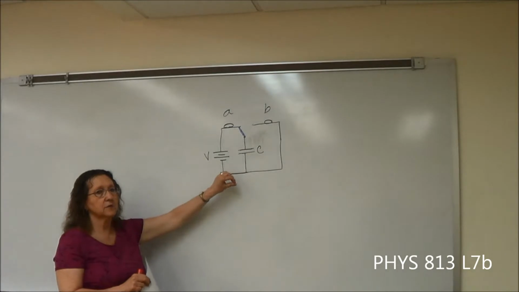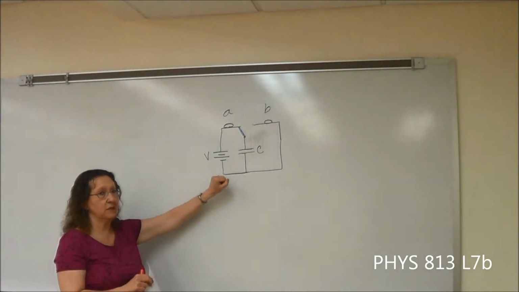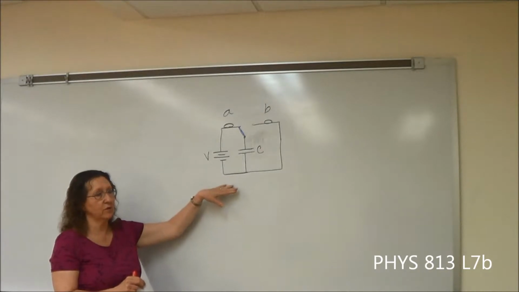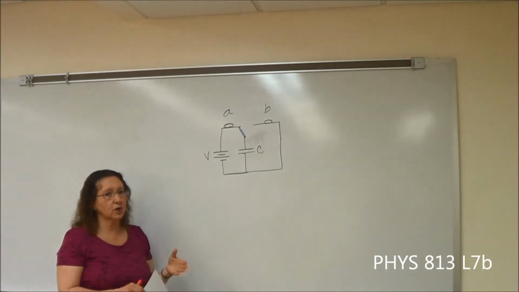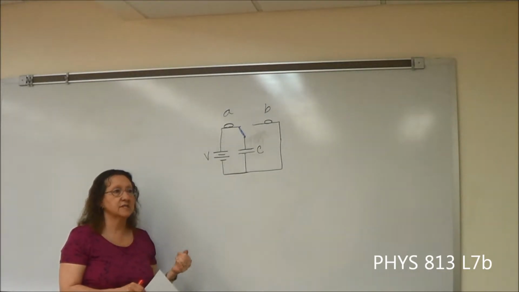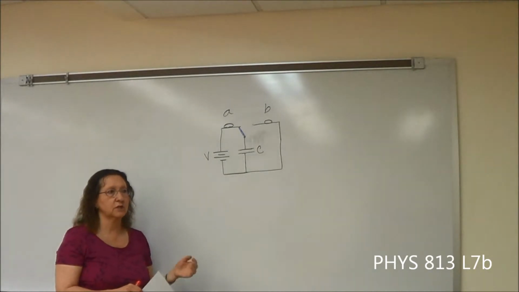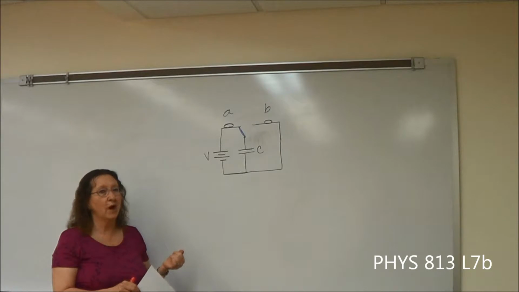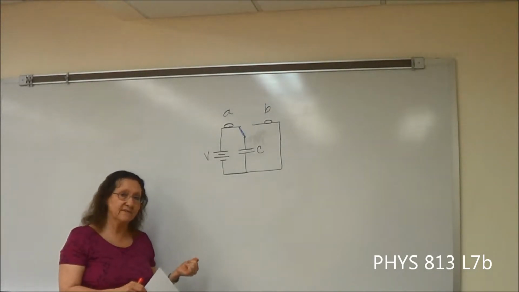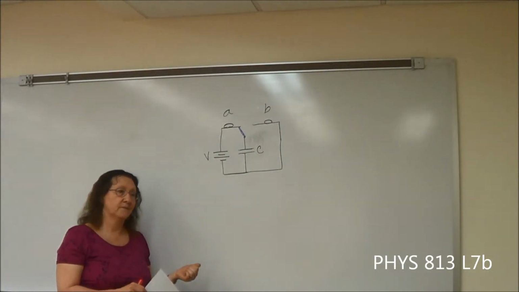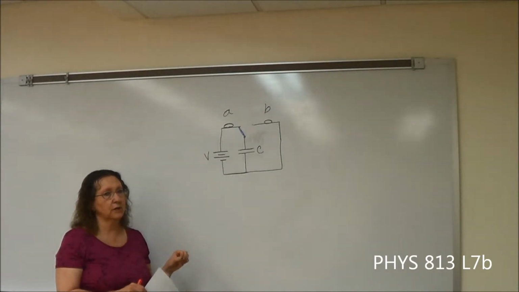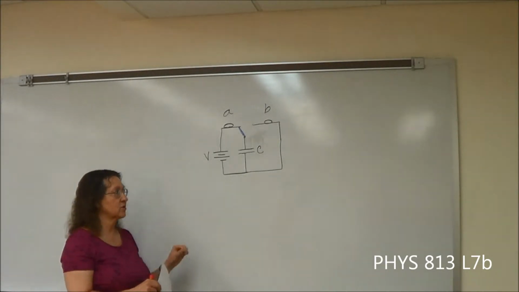Now notice I am talking about electrons, not protons, because electrons are actually the charges that move. When we're talking about current, the standard notation is the direction positive charges would move if they did, but they don't. So for right now, we're not going to talk about current. I'm going to talk about electrons.